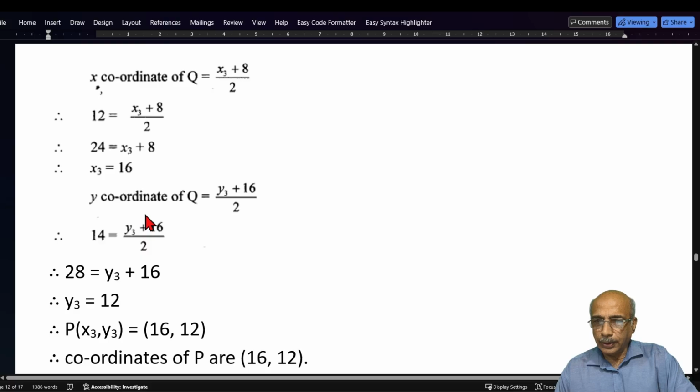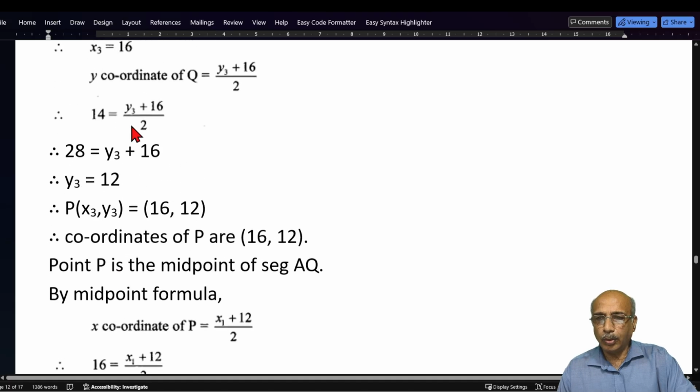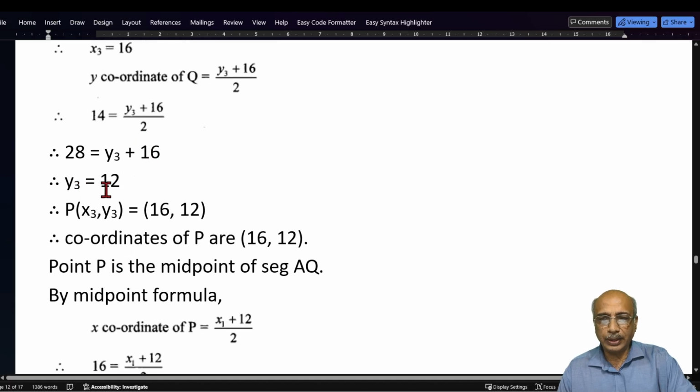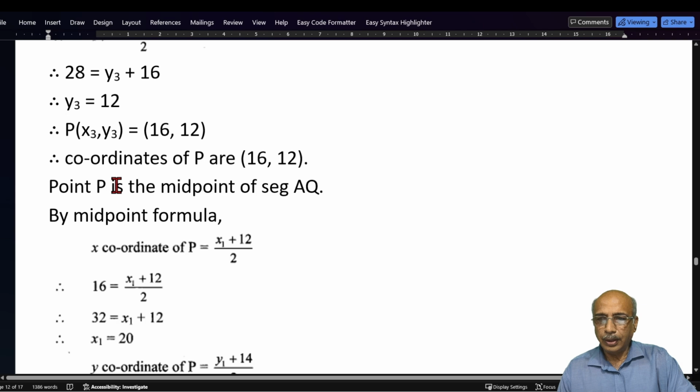Y coordinate of Q is y3 plus 16 upon 2. So 14 equals y3 plus 16 upon 2. Cross multiply, you will get 28 equals y3 plus 16. Therefore, y3 equals 12. So coordinates of P, x3, y3 will be 16 and 12.